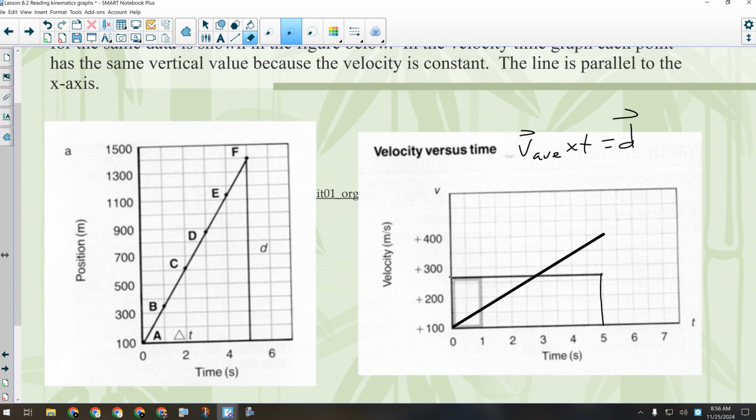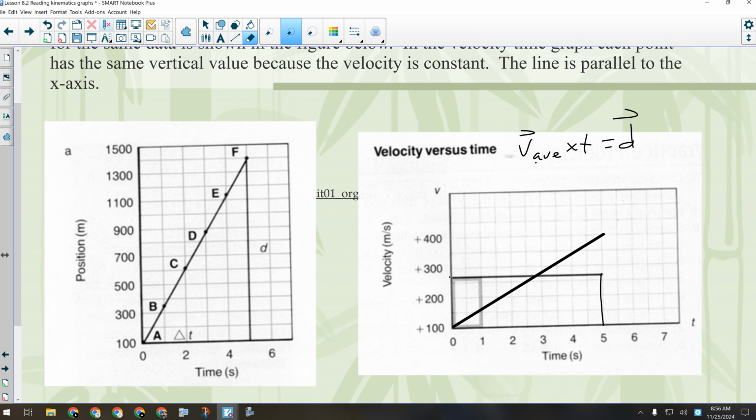What does that calculate? It calculates the area, right? So the area underneath the line on this kind of graph is the displacement of the object. Because when you calculate that area, what you're doing is taking the average velocity and multiplying it by time. You're going base, time, times height, average velocity.